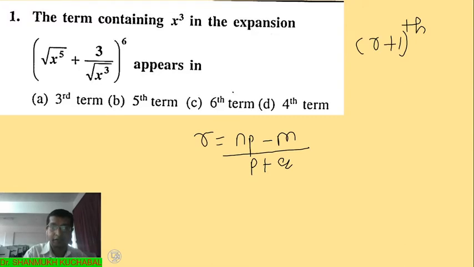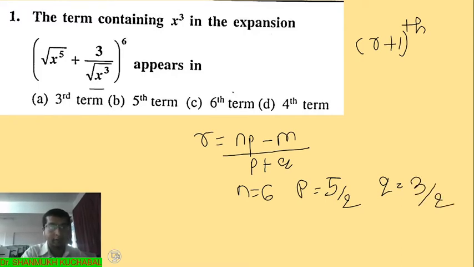Here in this expression, n is the power, n = 6. p is 5 divided by 2, that is the first term, raised to 5 with the root meaning divided by 2, so its power is 5/2. Similarly, q is the second term's power, 3/2.